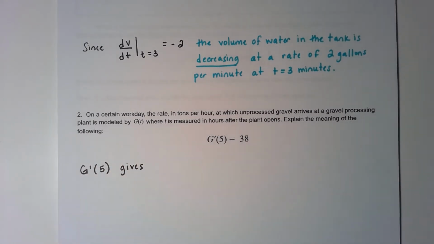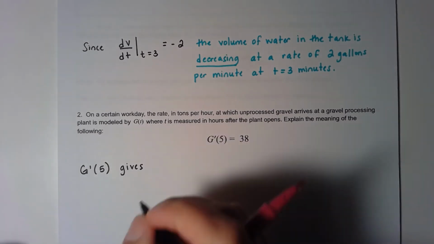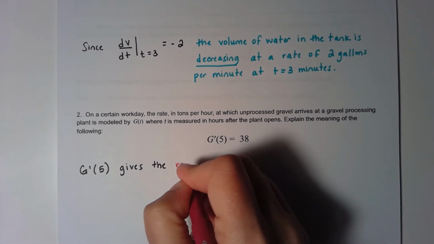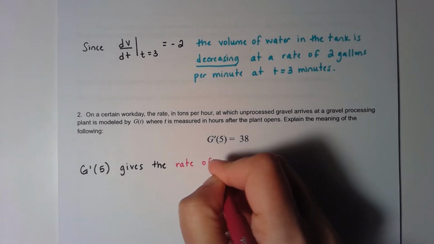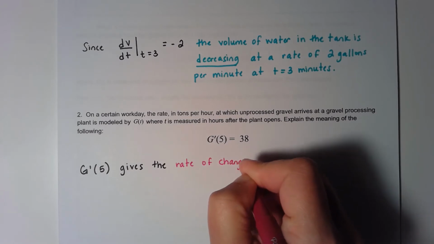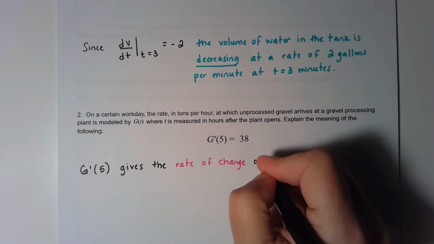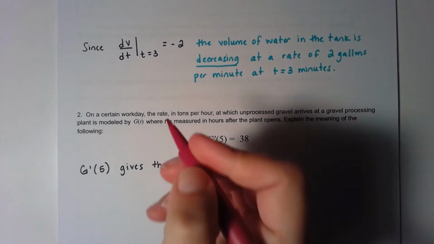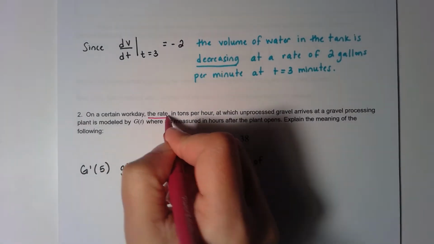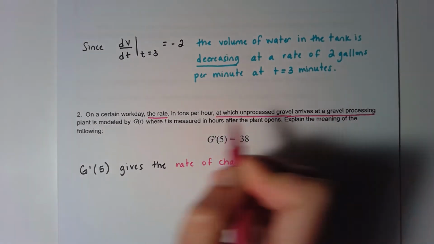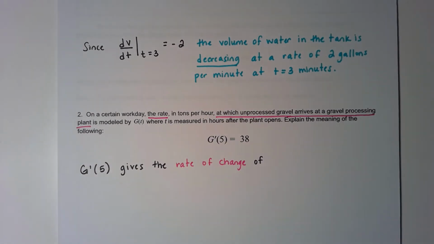since I'm finding a derivative, I'm going to say the rate of change of, and in this case, if we look at what we were measuring originally, G of T represents the rate at which unprocessed gravel arrives at the gravel processing plant. So this was already a rate function, and we took the derivative, which means we're looking at the second derivative here. It's the rate of the rate.